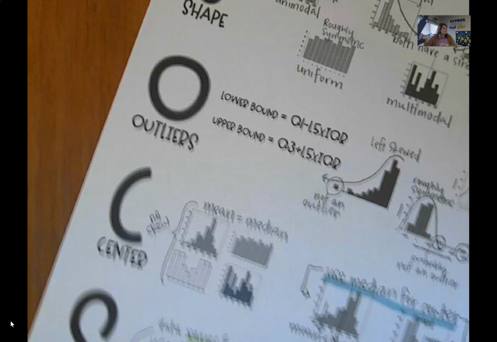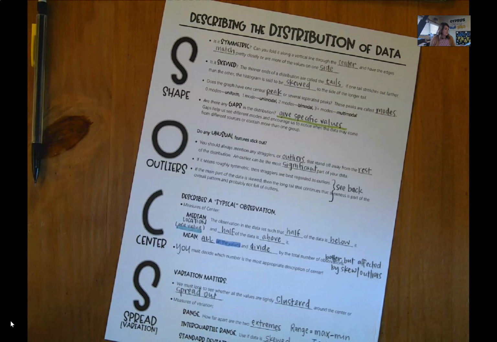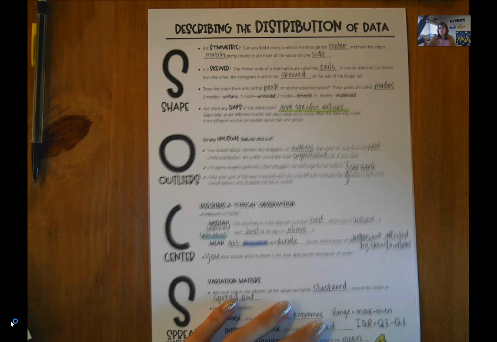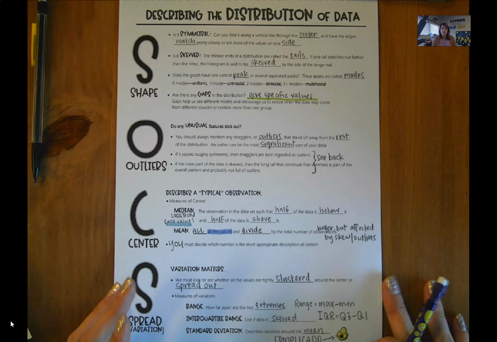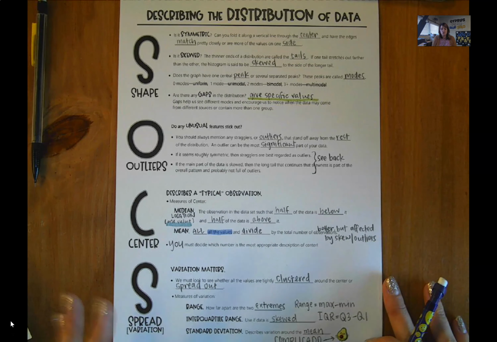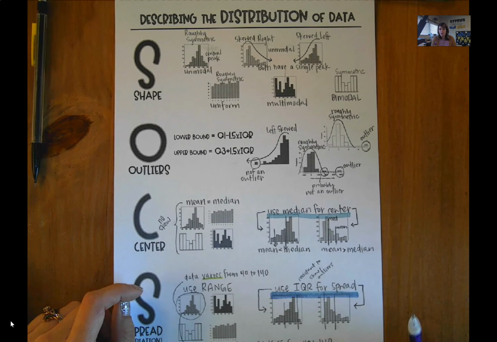So I will zoom out now, and hopefully the format of this card stock makes sense now. This side of the card stock is the detailed overview of how to describe a distribution. And this side of the card stock is the quick reference. When you guys come back, you're going to put this in a sheet protector because we're going to refer to this throughout the year.